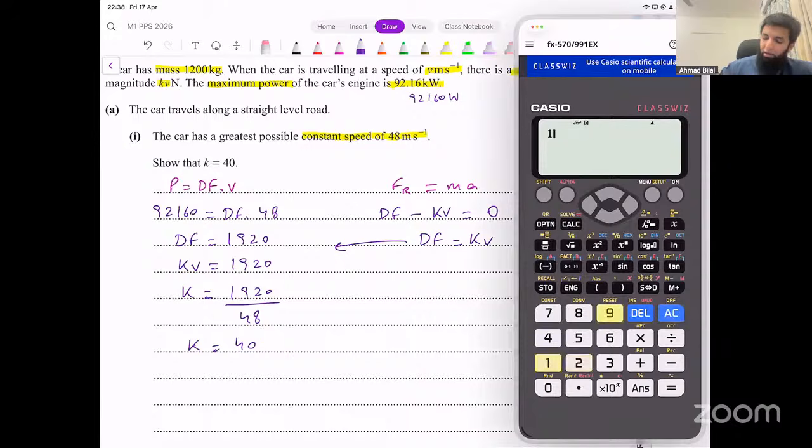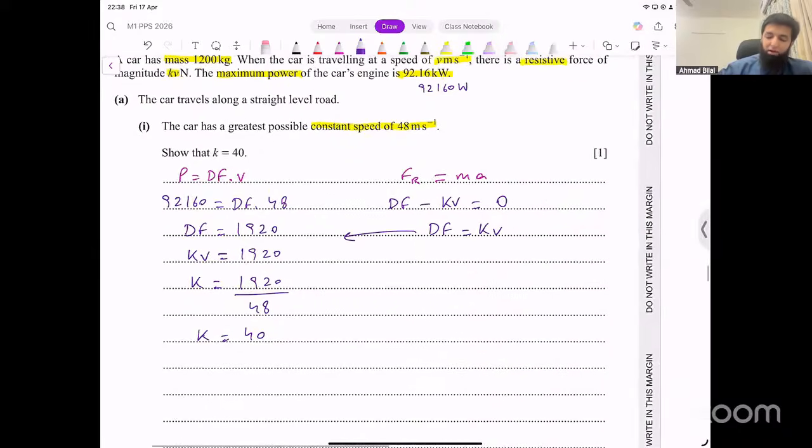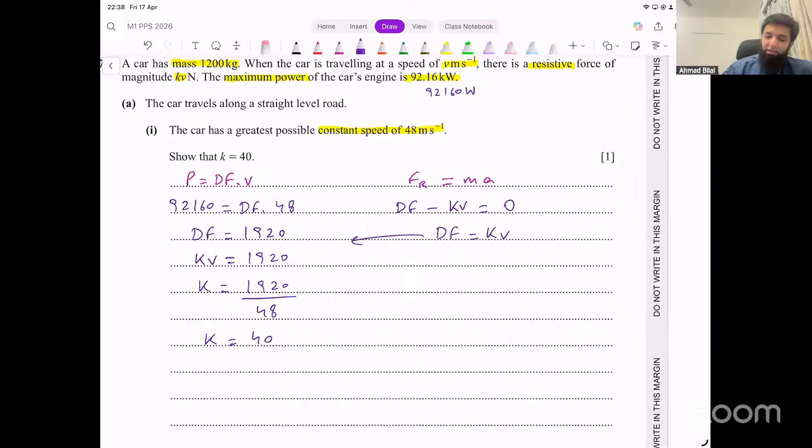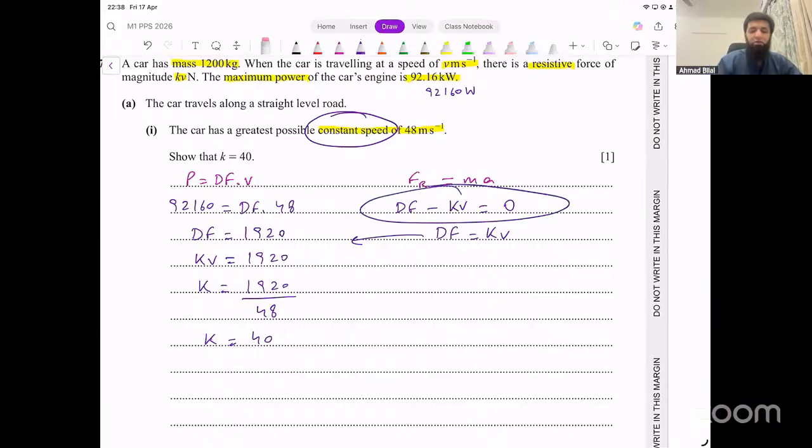Okay. Now, all of that working is not necessary. Those of you who understand that since they're traveling at constant speed, that means acceleration is zero. So the forward force and backward forces are going to be equal to each other. From this equation, you could directly input kV in place of driving force here.